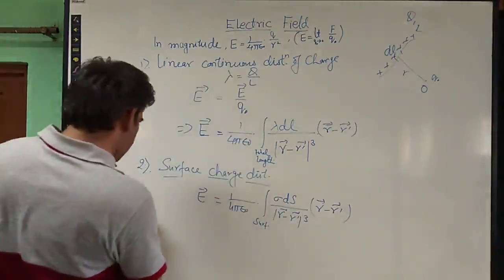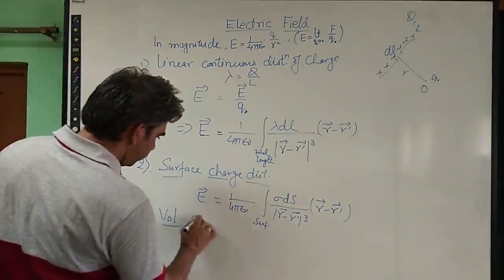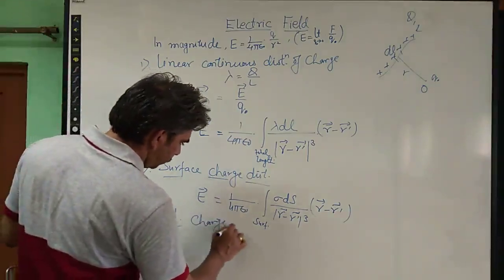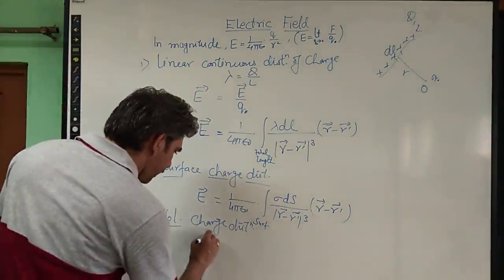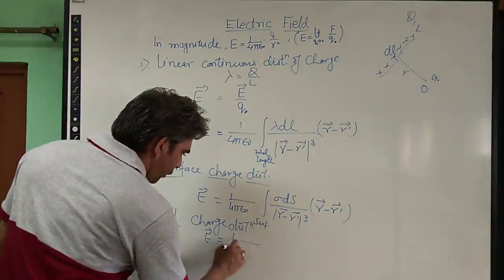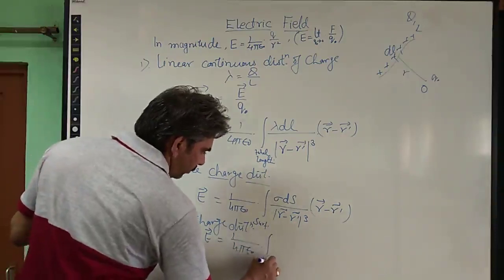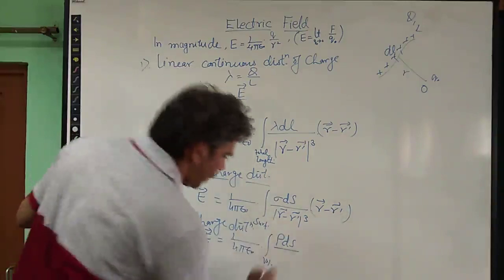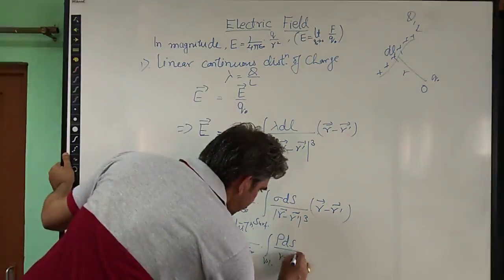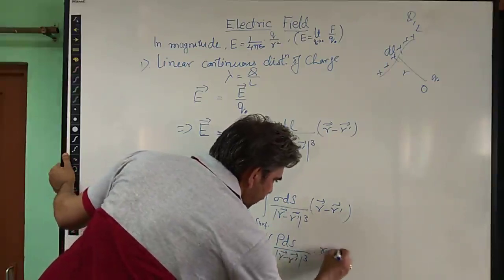And in terms of volume charge distribution, the electric field is given by 1 upon 4 pi epsilon naught into integration over volume of rho dv, where rho is the volume charge density, times the vector r minus r dash over the magnitude of r minus r dash power 3.